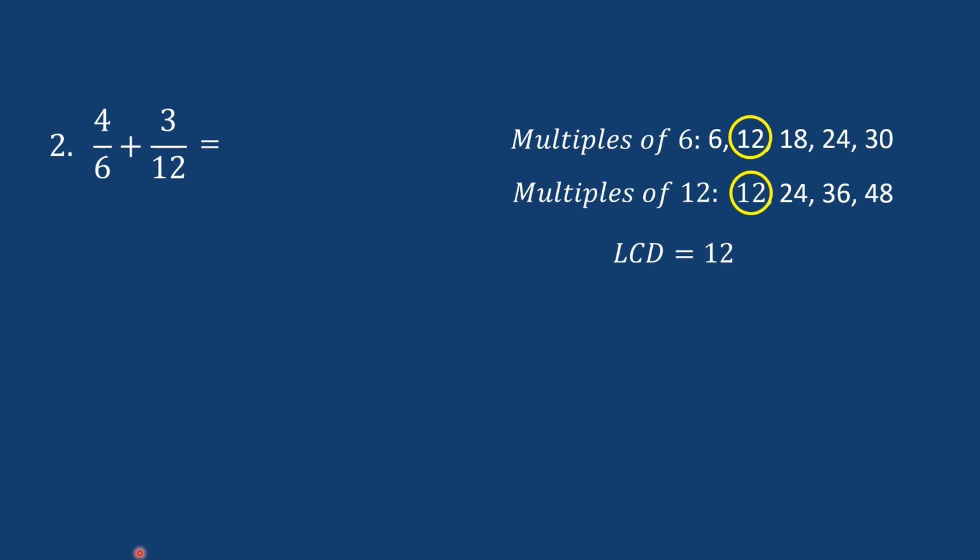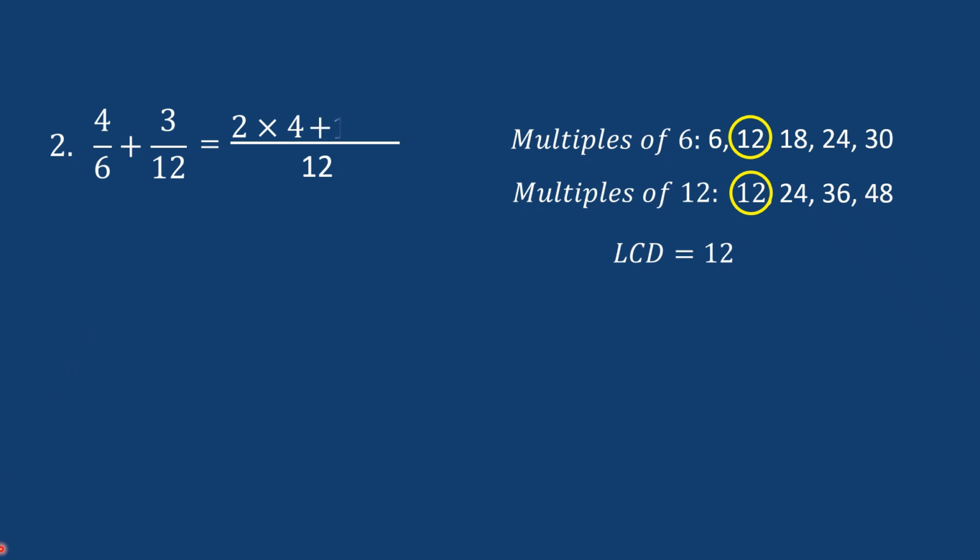So this is equal to, write 12 below the line of division and then divide 12 by the first denominator. 12 divided by 6 is 2 and then 2 times 4. Then plus 12 divided by 12 is 1.